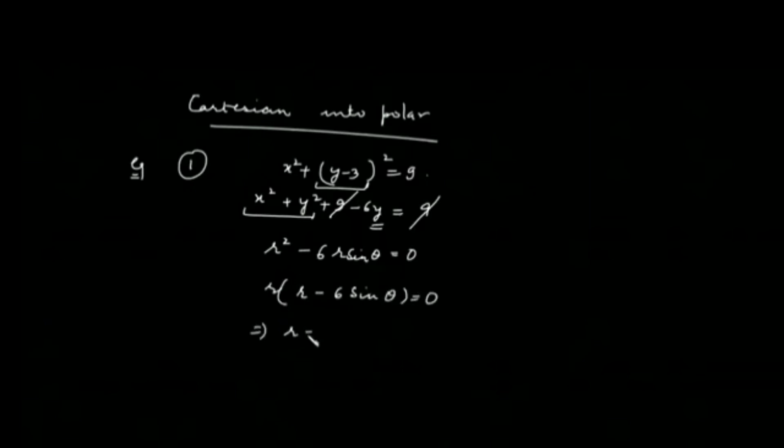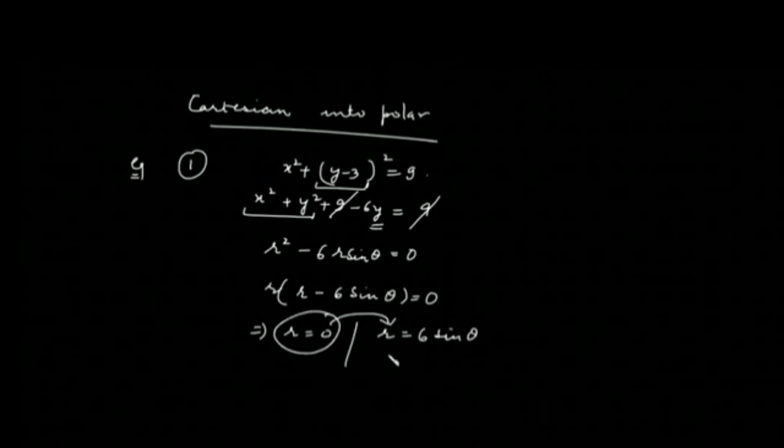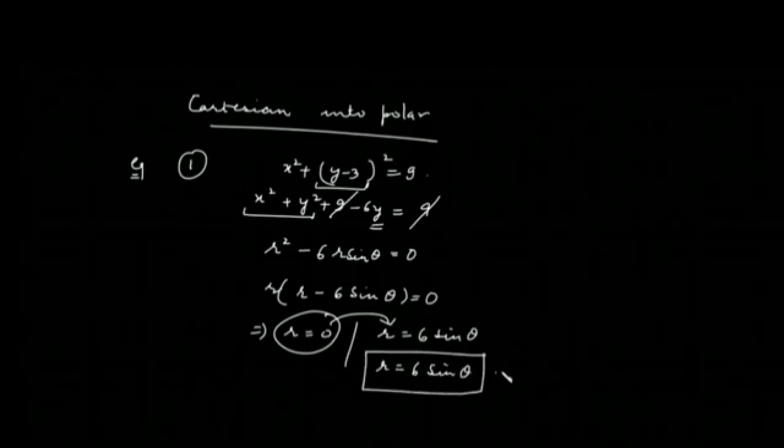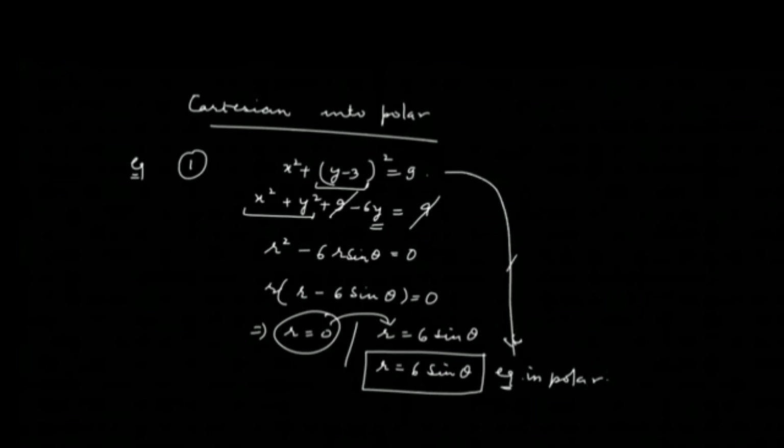So from here either r is 0 or r is 6 sin theta. Since r is equal to 0 is included over here, right? Since this includes r is equal to 0, this is the equation in polar. So this is Cartesian into polar.